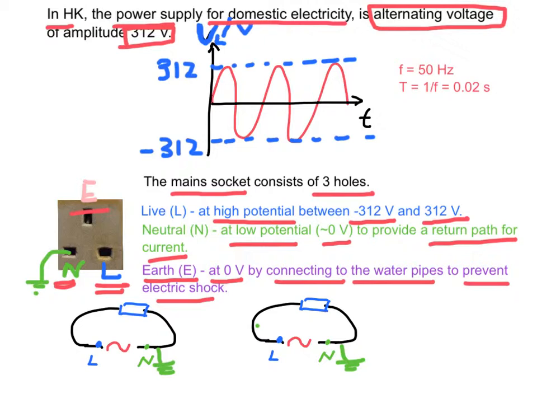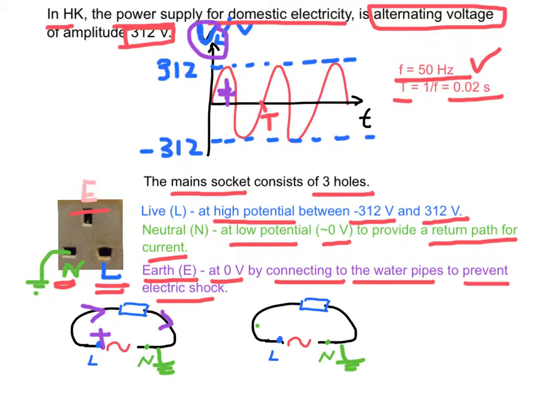The frequency of AC is 50 Hz with a period T of 0.02 seconds. During the first half cycle, the potential of the live wire VL is positive. Therefore, current flows from L to N through the electrical appliance from left to right.